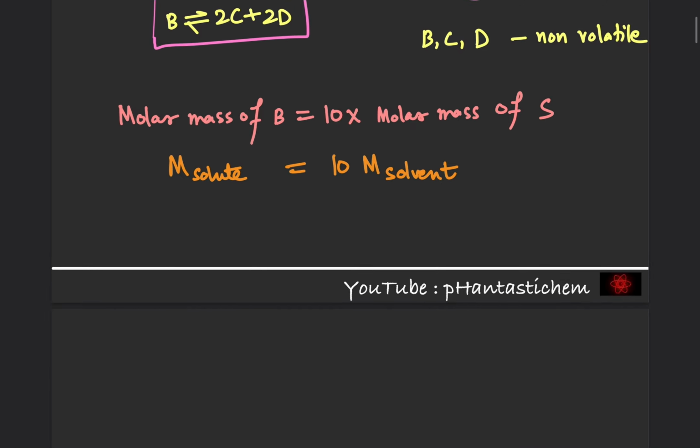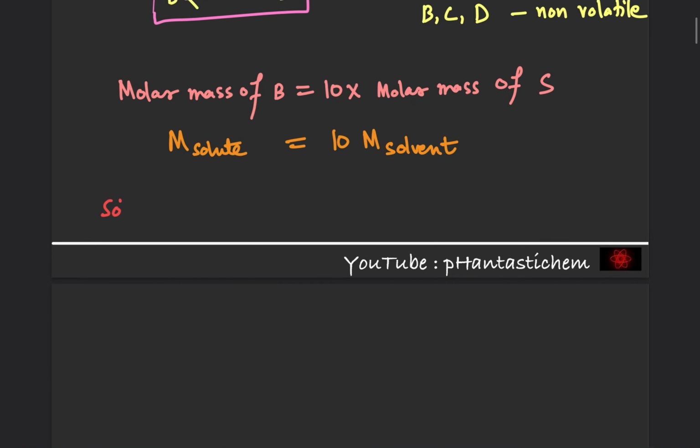Okay. And for the solvent S, the boiling point, let's say that is T_B naught, is given to us as 400 Kelvin. And also the standard enthalpy of vaporization, that is delta vaporization H naught, is given to us as 10 R joules per mole.